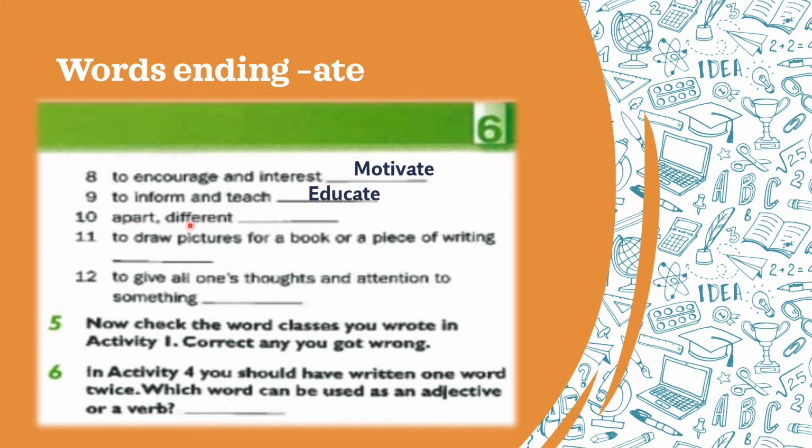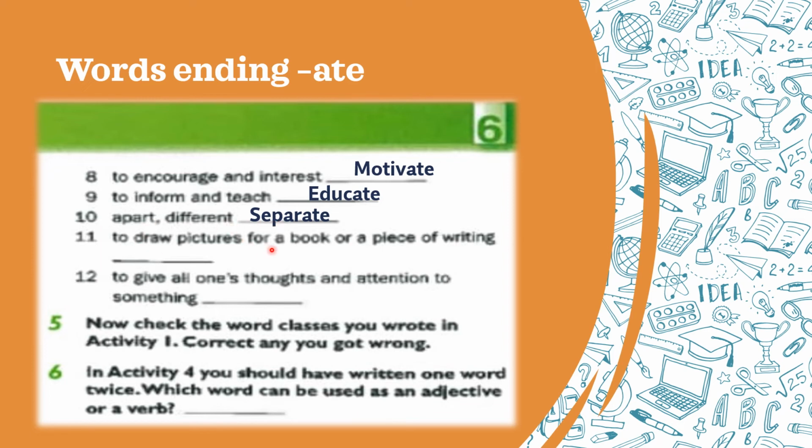Apart or different. And this is an adjective. So it means separate. And recognize that separate in this definition comes as an adjective, but in a previous definition it came as a verb, to place people or objects apart, so this is a verb. So this word separate comes as an adjective or a verb.